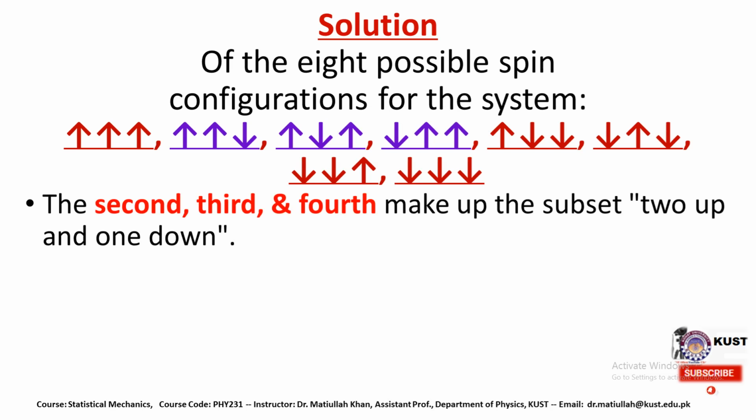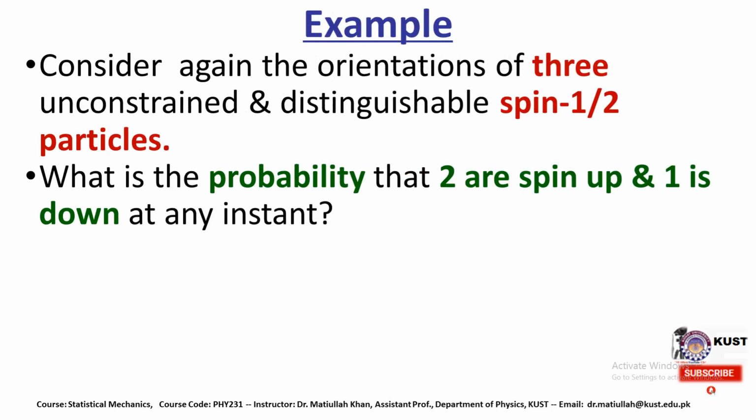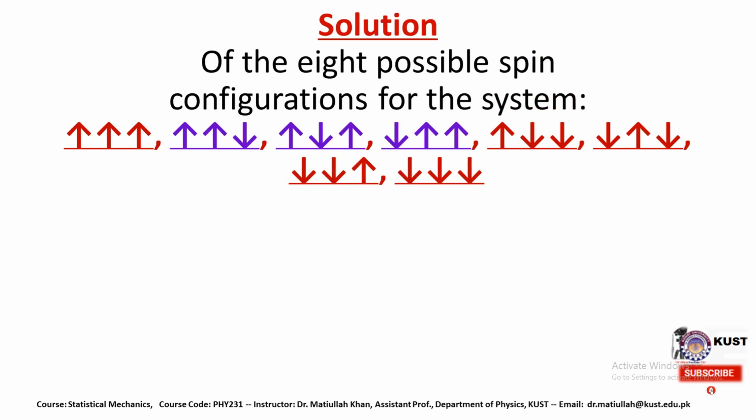So coming to the problem we have: what will be the probability that 2 are spin up and 1 is spin down? How many states are possible where 2 are spin up and 1 is spin down? We have this system like this one: 2 are spin up, 1 is spin down. In this one again 2 are spin up, 1 is spin down. And in this one finally we also have 2 spin up and 1 spin down.